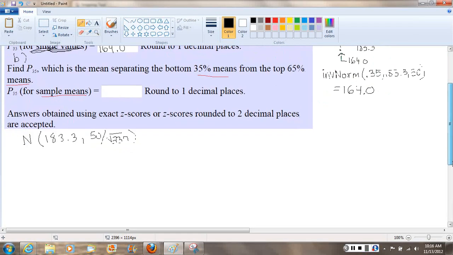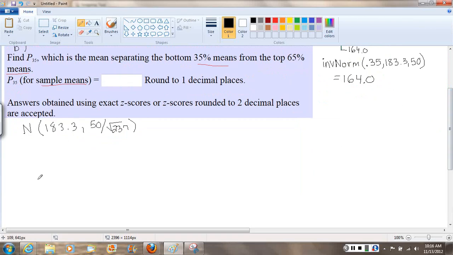If we draw a picture for this situation, it's going to be the same shaped normal curve, with our mean at 183.3. Our value of interest still has 35% of observations below it, right? We're looking for the 35th percentile. So we know that's 0.35.